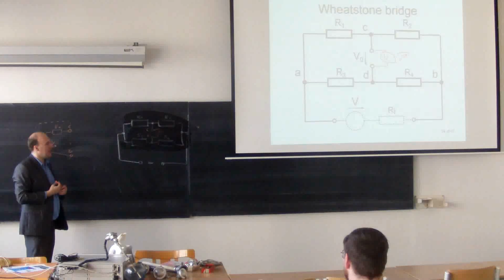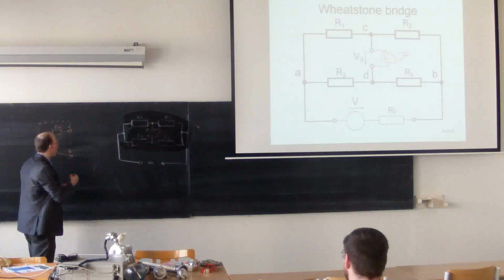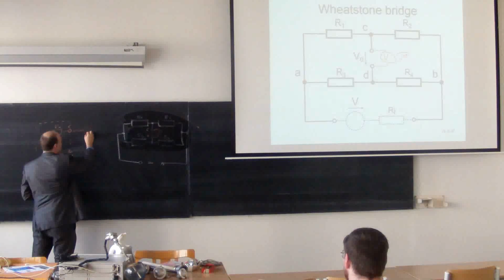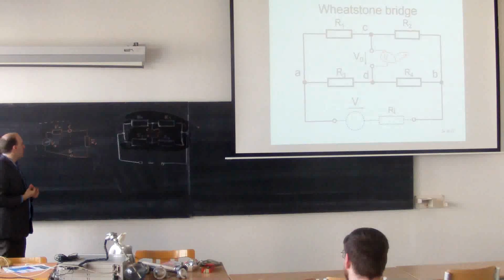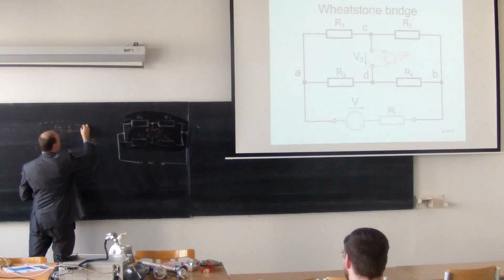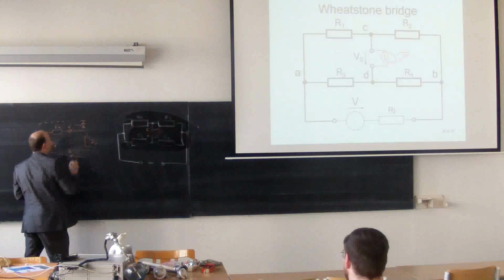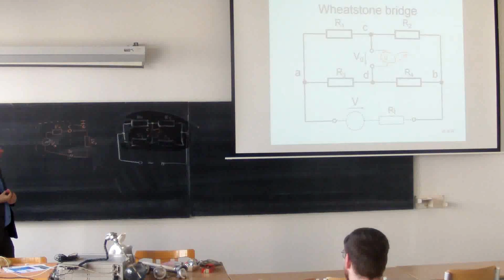It's a coil in a DC circuit, it's a resistor. So I will have here the voltmeter resistance RV. And we will be interested in the current flowing out from those terminals.